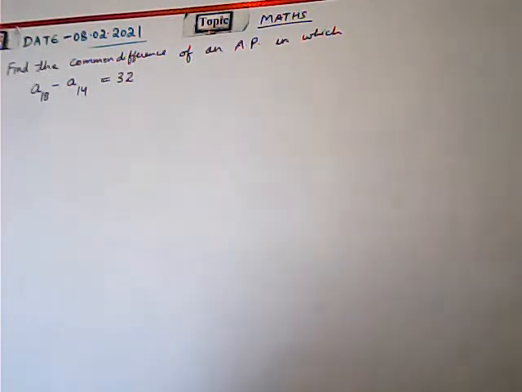Right? So here we are interested to find the common difference. What is given? A18 minus A14 is equal to 32.